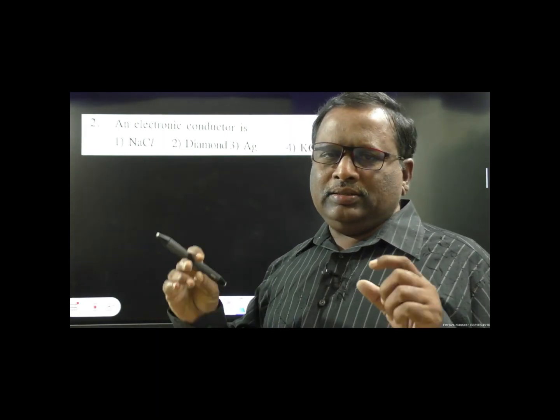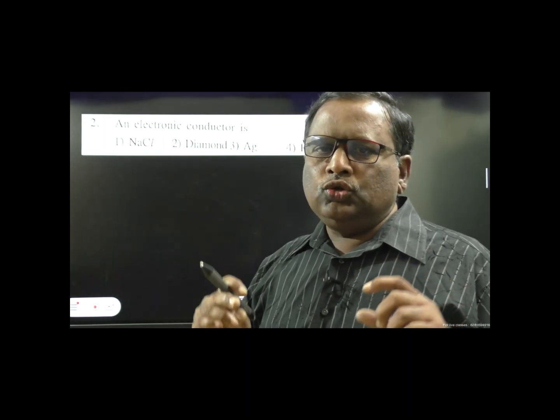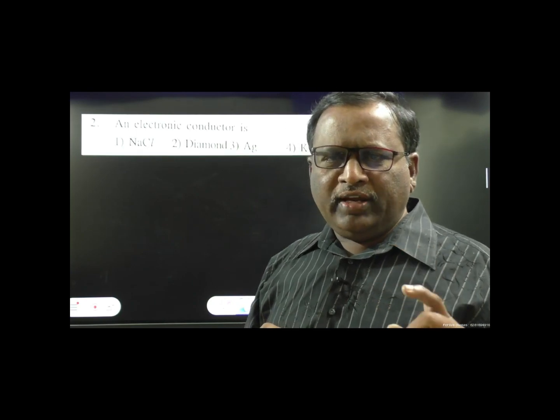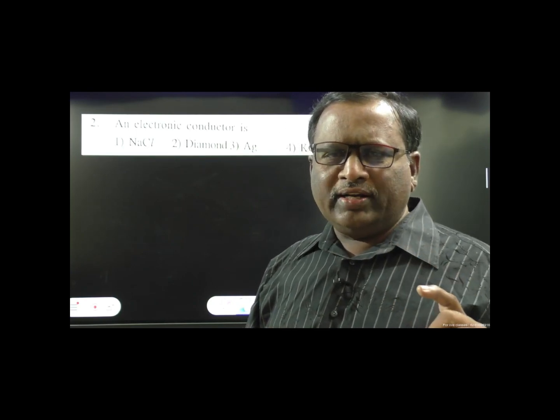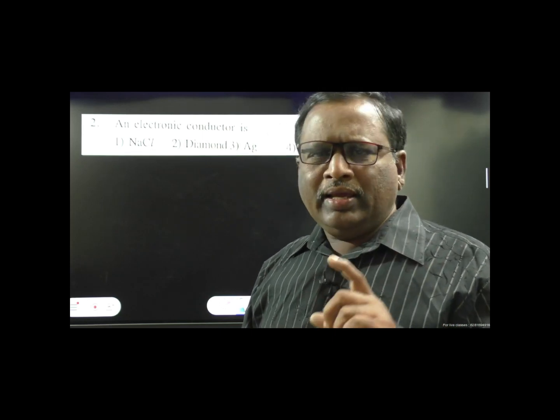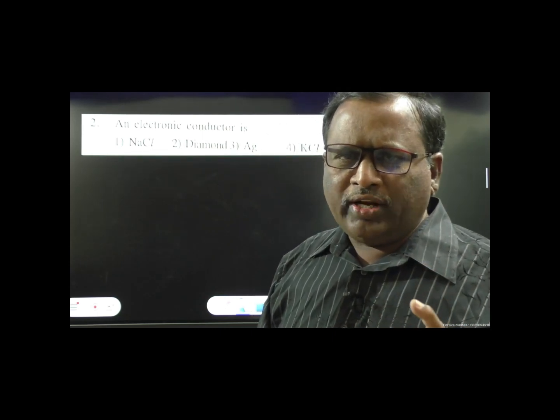Metals conduct electricity through electrons, so metals are considered as metallic conductors or electronic conductors. In non-metals, graphite also has free electrons, so it can also conduct electricity. So either graphite or any metal can be considered as an electronic conductor.